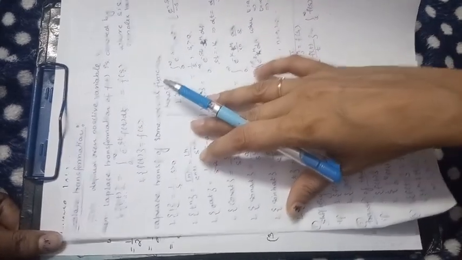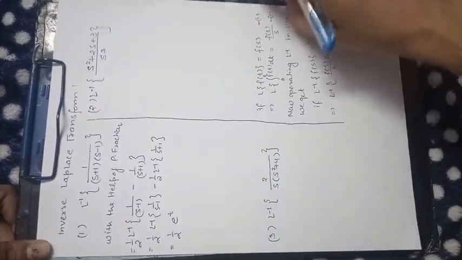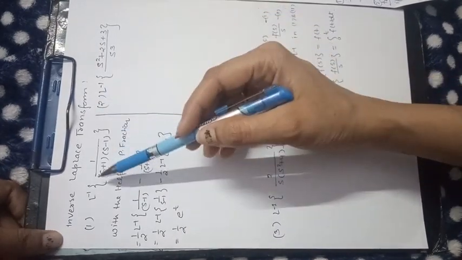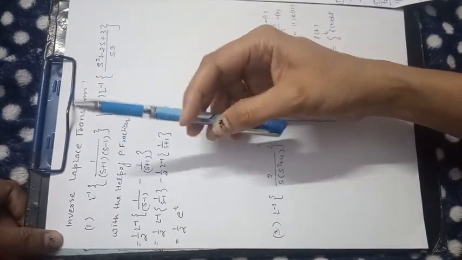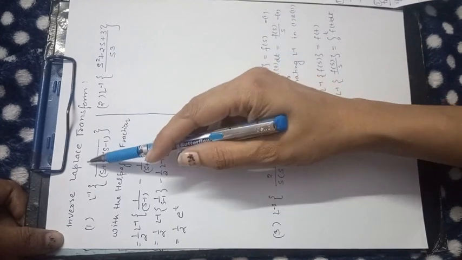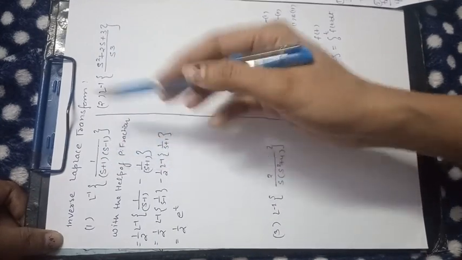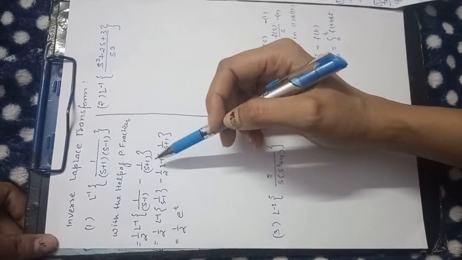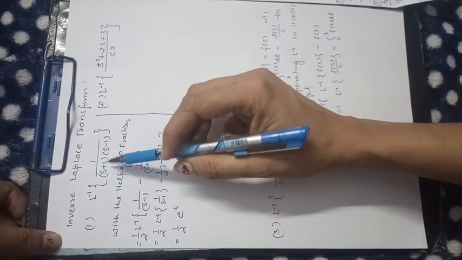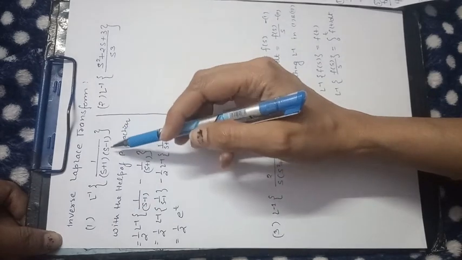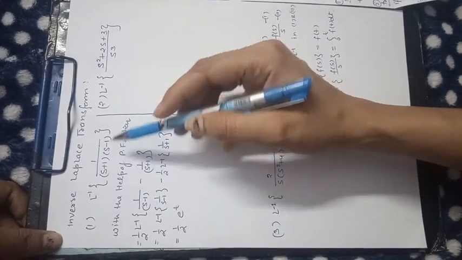inverse Laplace transformation. Now to find the inverse Laplace transformation, the first step is you have to convert the given function into parts so that the inverse Laplace transformation can easily be detected. Now the method is, first is partial fraction.